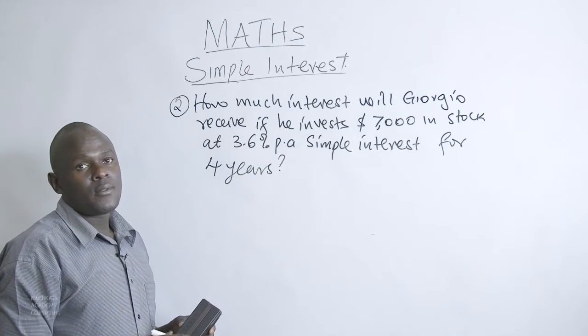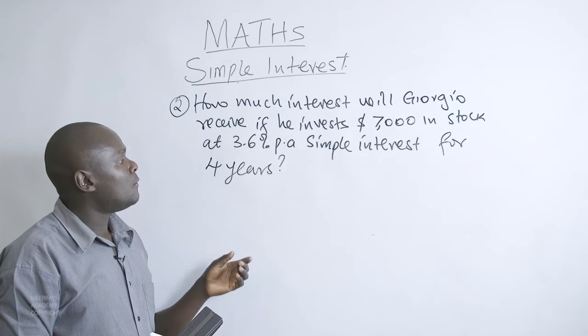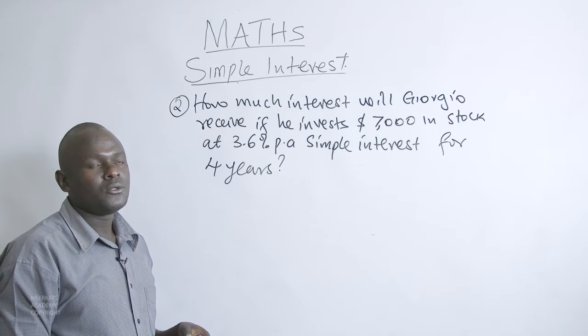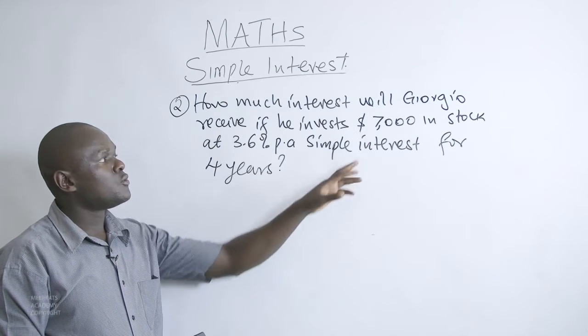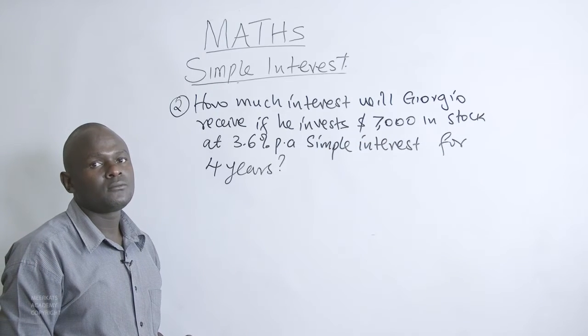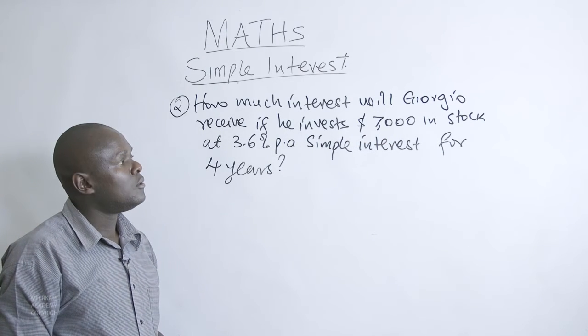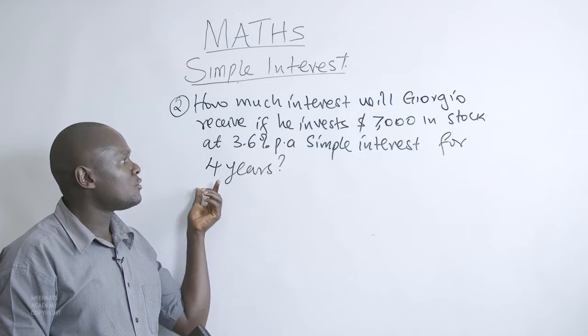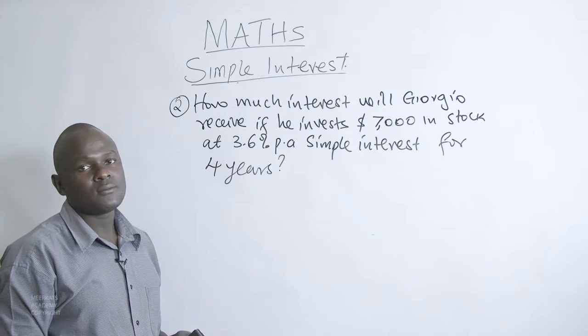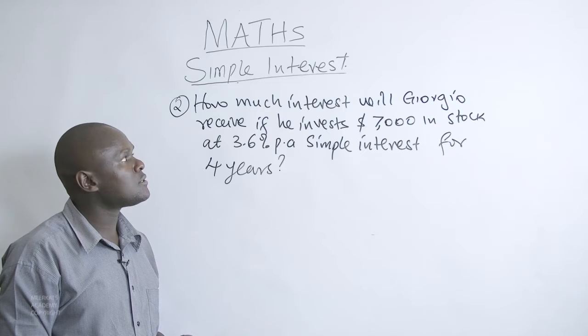In this third example, we are looking at someone called Jojo who is going to invest $7,000 in stock for a duration of 4 years at a rate of 3.6% per year, simple interest.